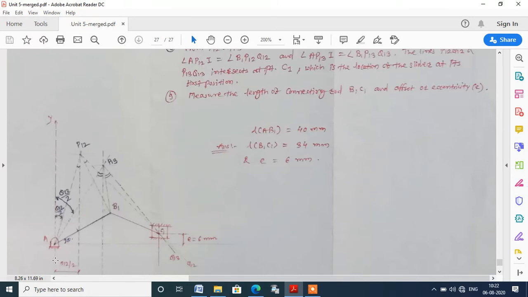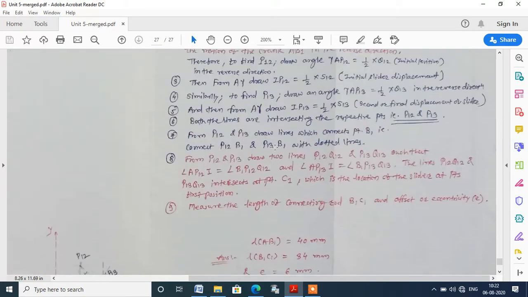Take angle YAP12 as 15 degrees and draw a line, this line AP12. We don't know exactly where P12 is, so just draw a line.